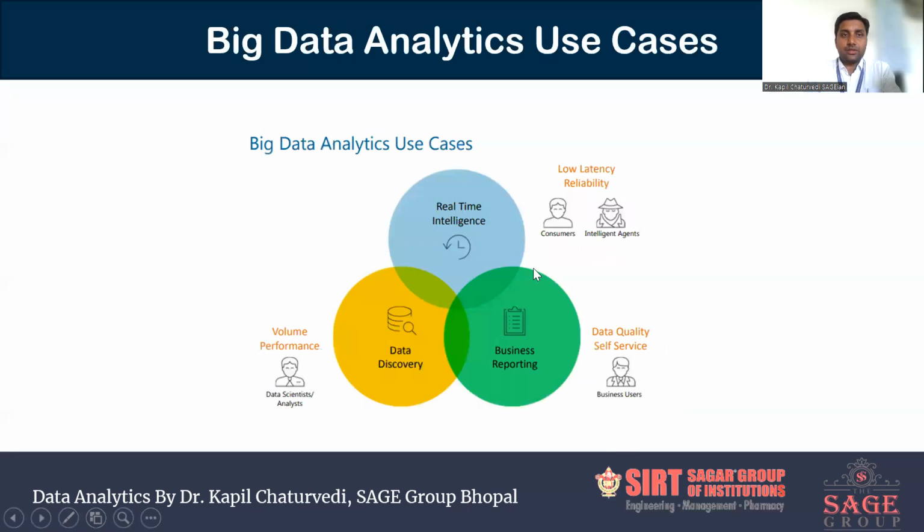Now the next topic is big data analytics use cases. In this case, you can see we have three circles: real-time intelligence, data discovery, and business reporting. These are the three kinds of operations we perform in data analytics. We can perform data analytics in real time to get real-time knowledge.